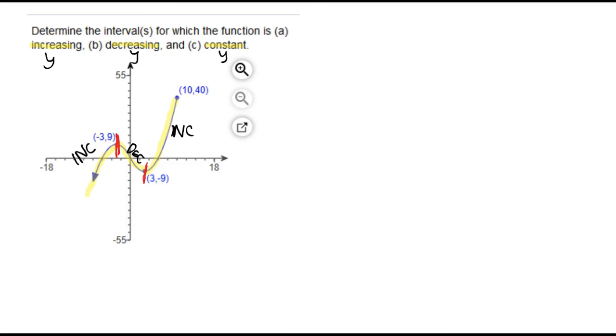So we want to write down where the function is increasing, decreasing, and constant. Notice that we didn't get any sections where it was constant, so we're going to say none on that one. And then when we write down these intervals of increasing and decreasing, we want to make sure that we're using the x scale.